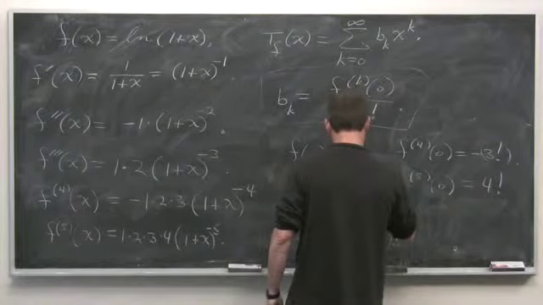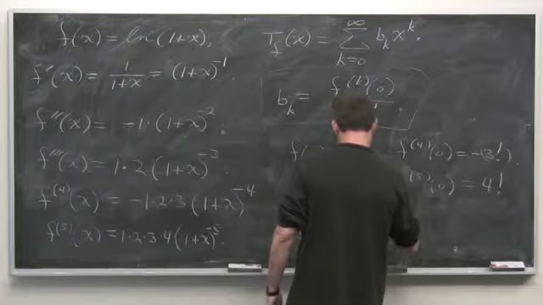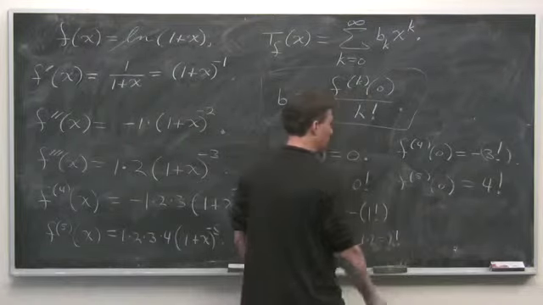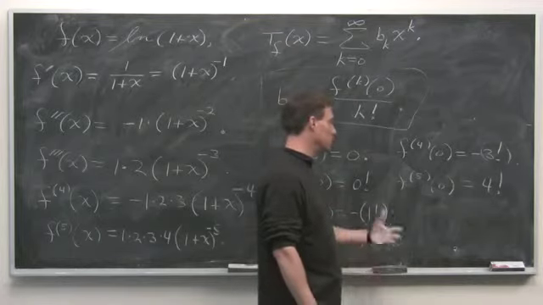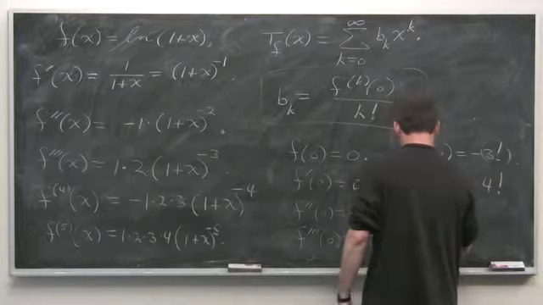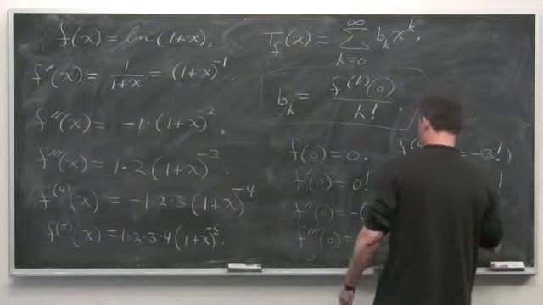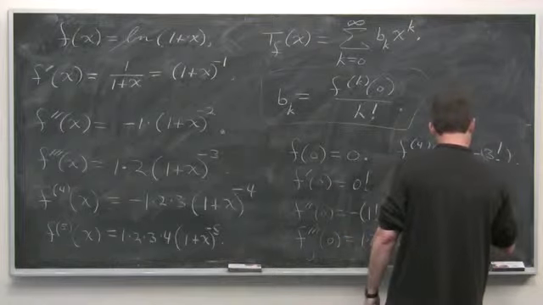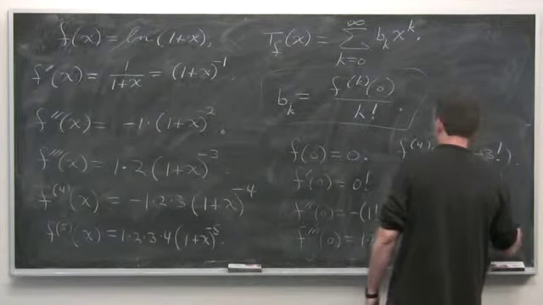So 0 factorial is 1. This is minus 1 factorial. Then there's 2 factorial, minus 3 factorial, plus 4 factorial. The next one would be minus 5 factorial. So the sign, aside from this first term that's 0, the 0th derivative, you're getting alternating factorials.